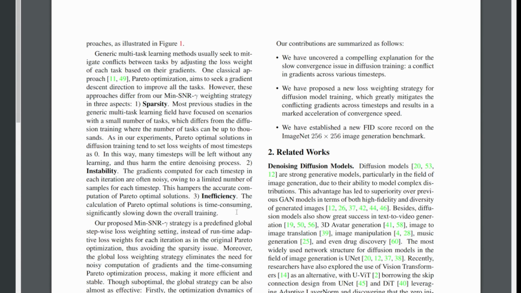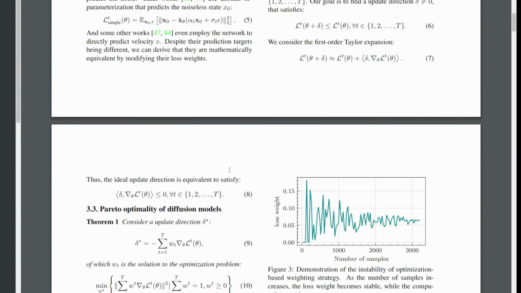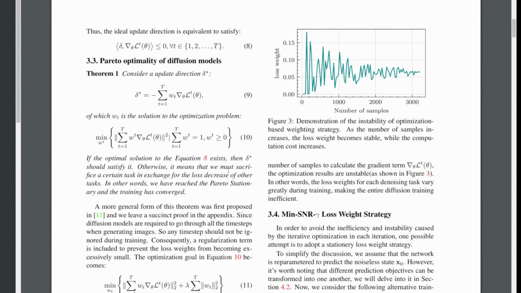However, if we go more in depth on the proposed method here, they list 3 claims saying that by using min SNR Gamma, you can avoid setting loss weights to 0 for sparsity, and then you can decrease the noisiness for each gradient for each iteration in stability. And lastly, you can speed up training efficiency.